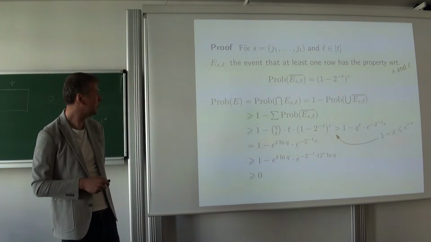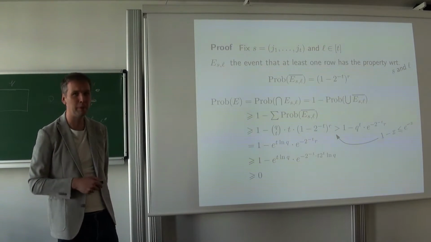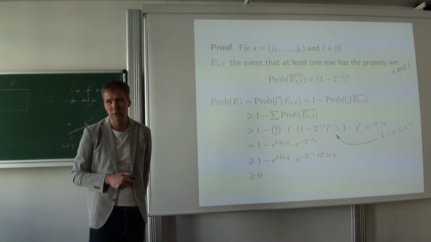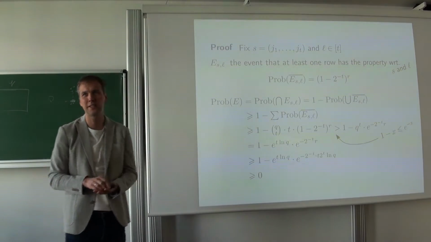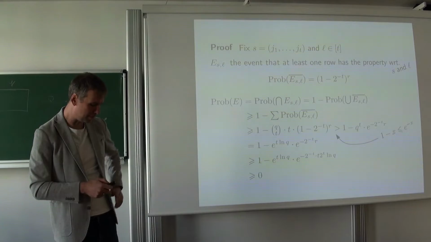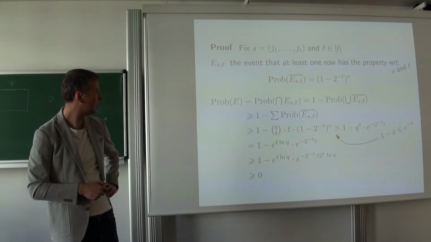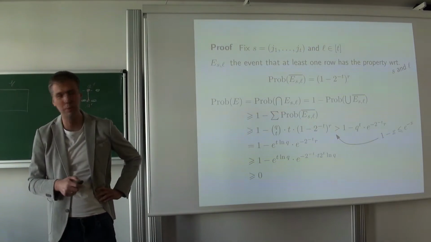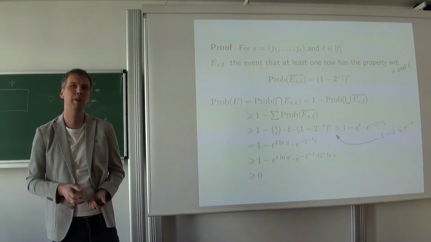And now the probability that this event doesn't happen is really easy to compute, because a single row does the job with probability, or doesn't do the job with probability, if what do I want?